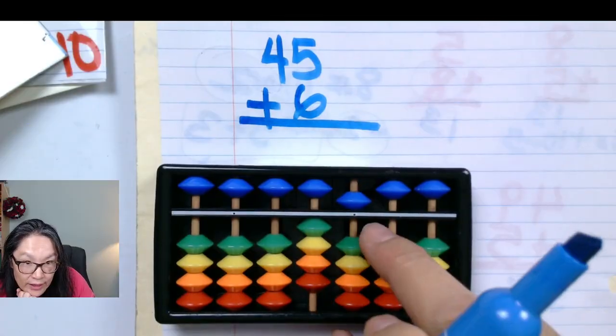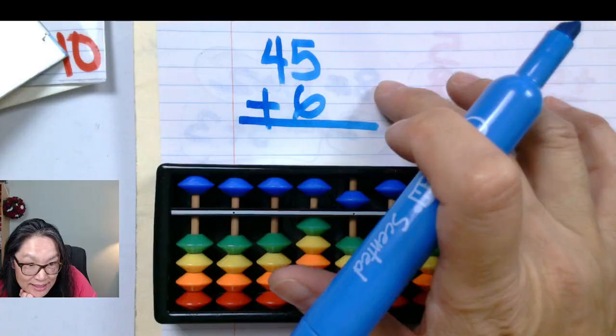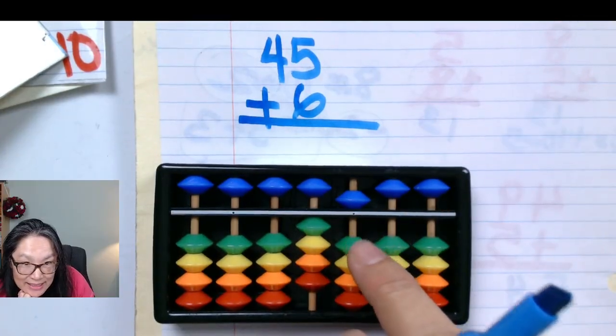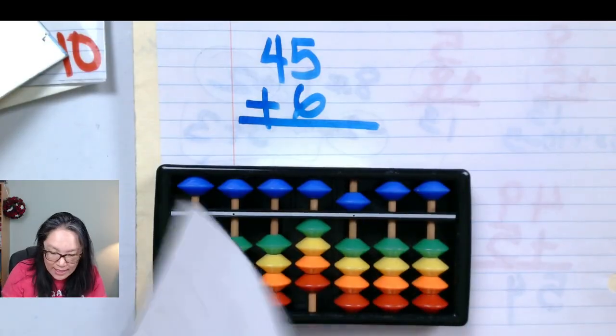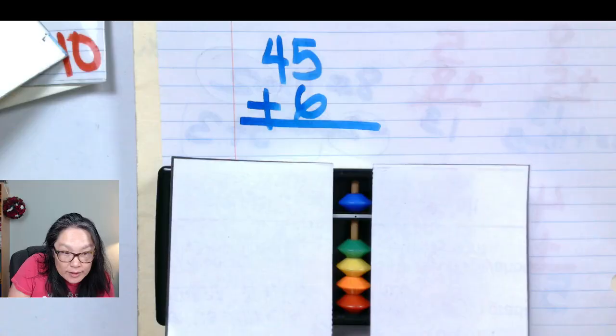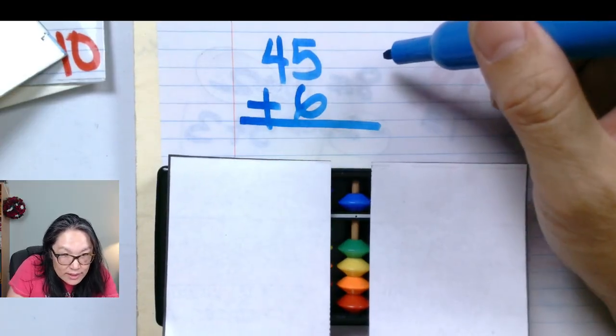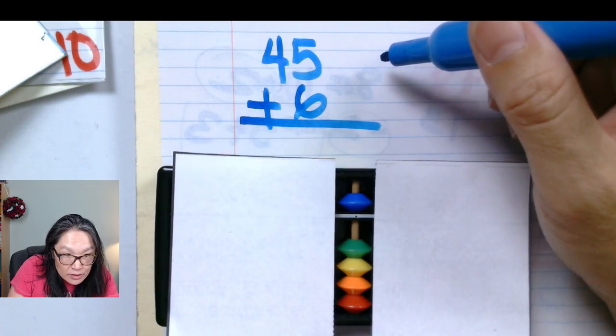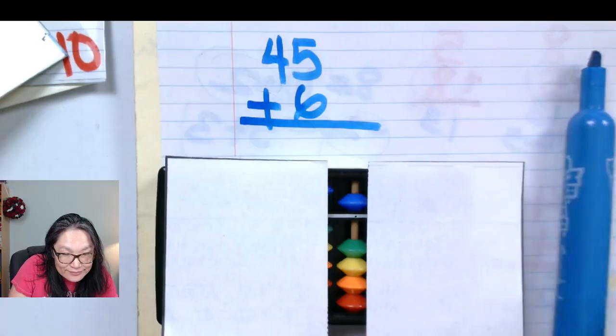Because we did 45, and then what are we going to do? We're going to add the 6. When we add the 6, we're going to be right here. When we add the 6, what is our formula? Our formula is what? Eve?